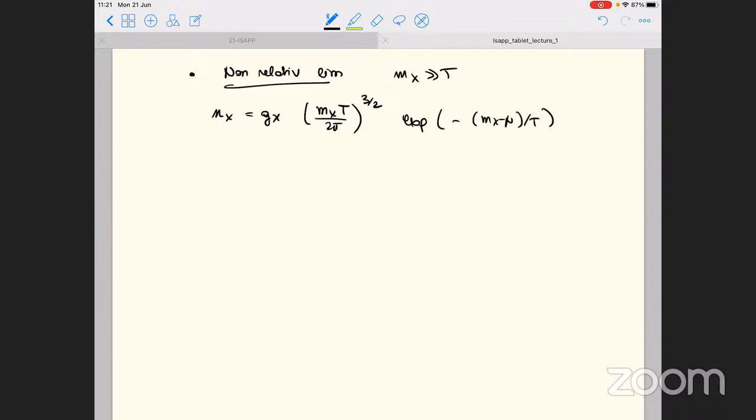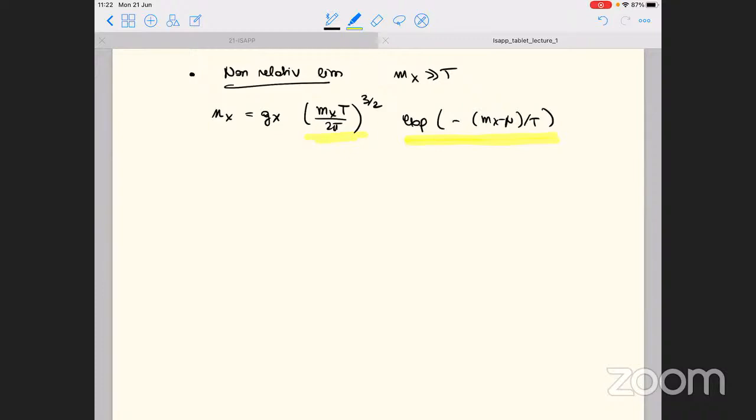Besides the dependence in T to the power 3/2, very importantly you have this Boltzmann suppression factor, and this is definitely the one that is going to win. So you can directly guess that at very low temperature compared to the mass, you are going to have a very strong suppression of the number density of your particles.